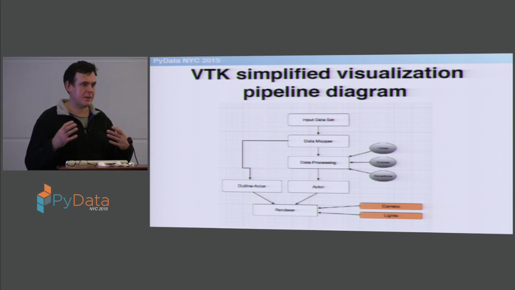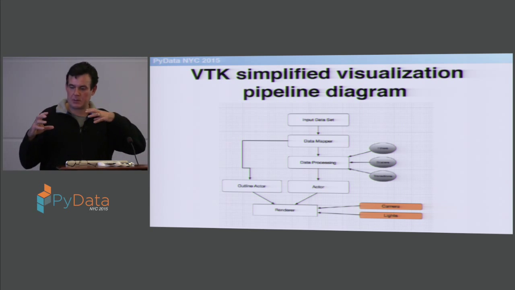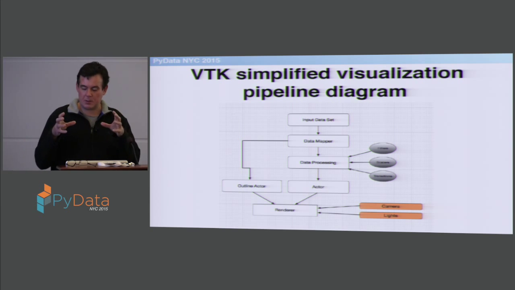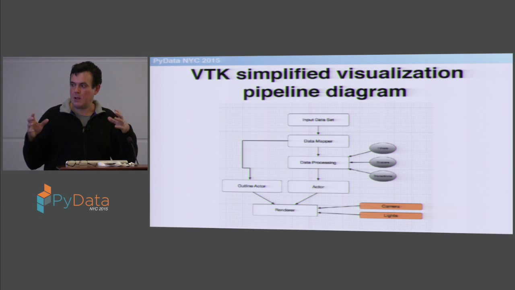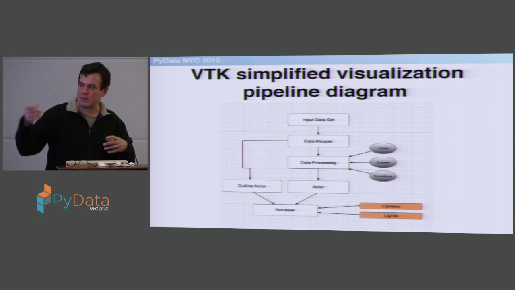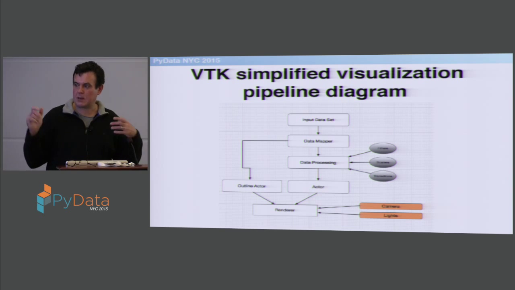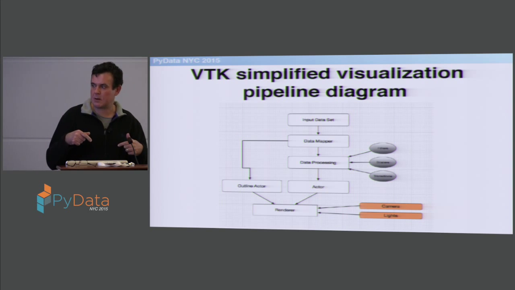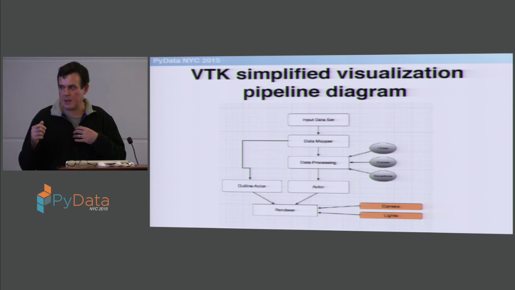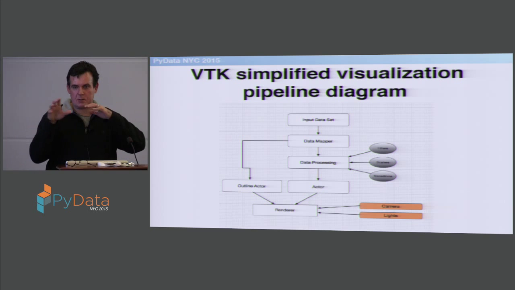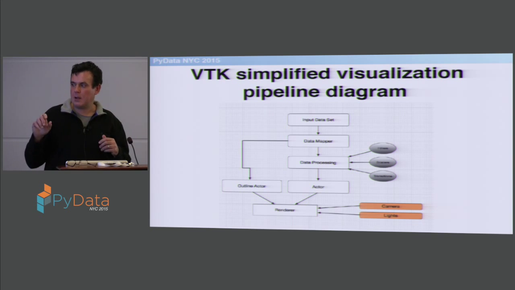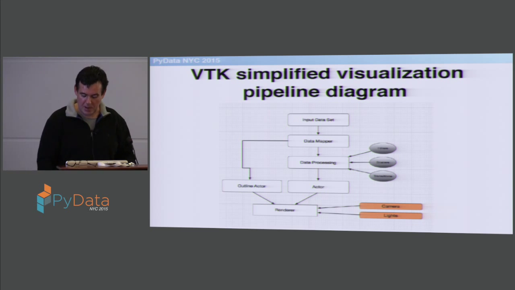Each element is an actor. It could be a light, a bounding box, a surface. For instance, I have an outline actor right here, and I have a data actor. Then I stick these to the renderer. Optionally I can add a camera and interaction, so there are different types of interactions. But basically, that's it. So this is your pipeline.